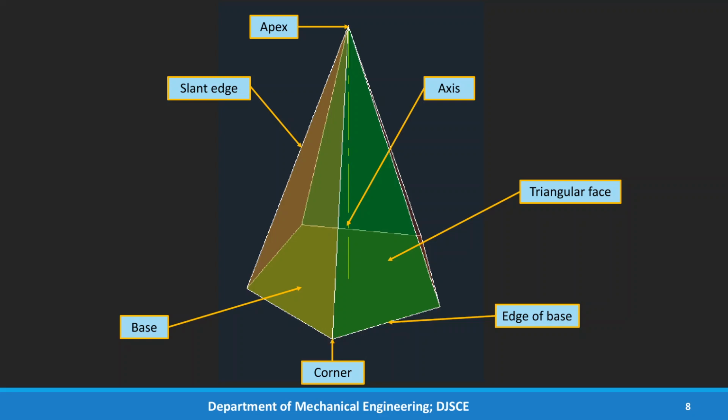One of these edges is the slant edge and 2 of the edges are base edges. And the triangular face connects the base edge with the apex. This is the apex. Apex is that point where all the triangular faces intersect. The axis is the imaginary line joining the center of the base to the apex.